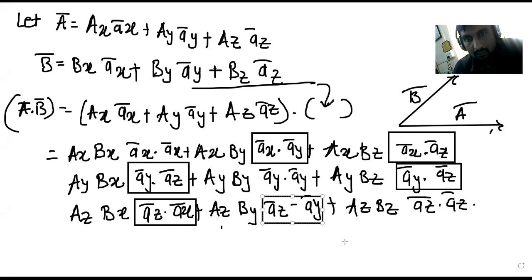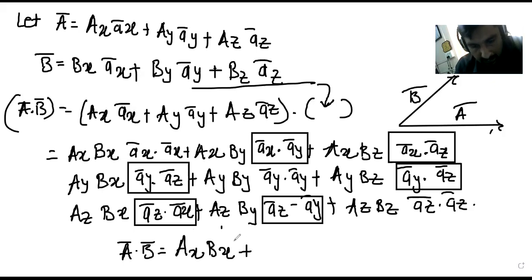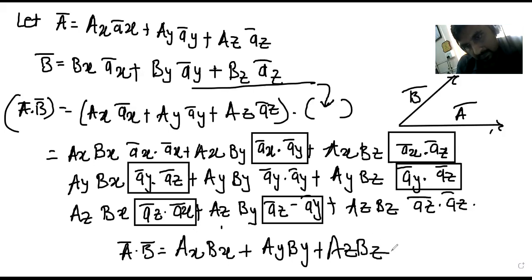So in short, a bar dot b bar is equal to simply the answer of this, or you can say a second definition of a scalar product: ax bx plus ay by plus az bz. This is the second definition of dot product.